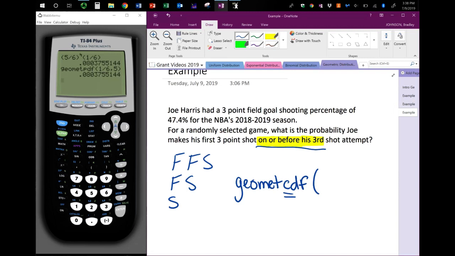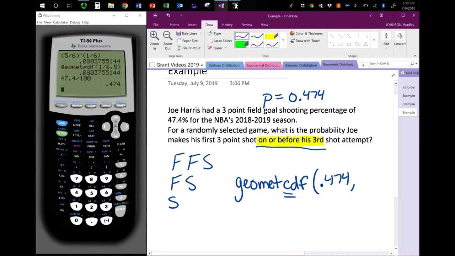Now, the probability of success, we could just assume that p is going to be 0.474. Now, you need to convert percentage to probability. Okay, now you could do that by taking 47.4 and dividing by 100, or you could imagine moving the decimal place 2 places to the left. Okay, now in our calculator, we'll put 0.474.